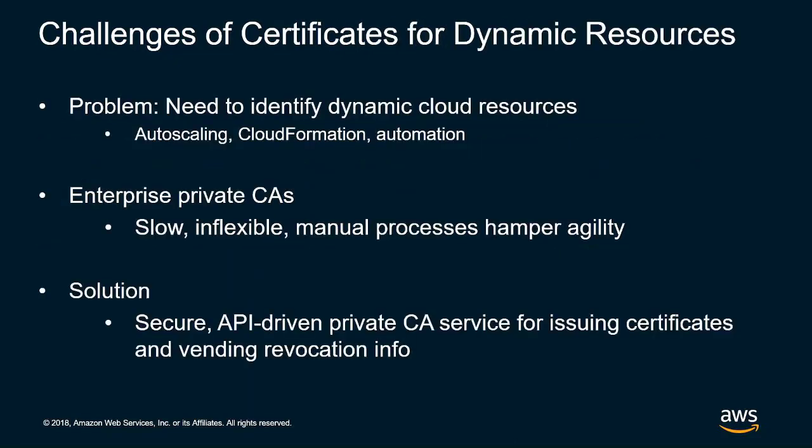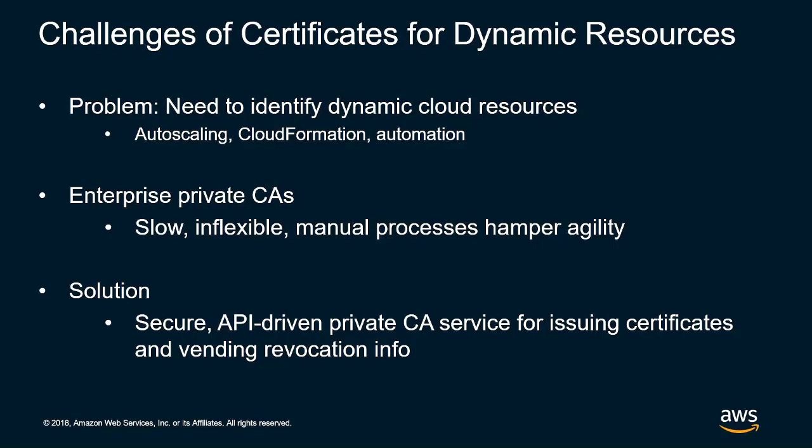And furthermore, as you want to deploy certificates automatically to resources that are dynamically changing in a cloud environment, those requirements become more challenging still. So with auto-scaling or CloudFormation and automation, a very dynamic environment is created, and we want to identify all those resources, and certificates provide a great way to do that.